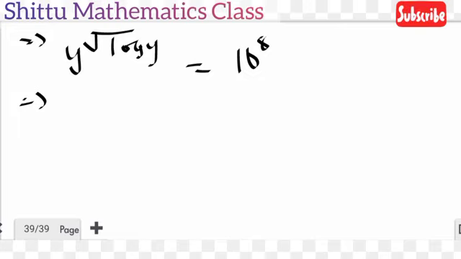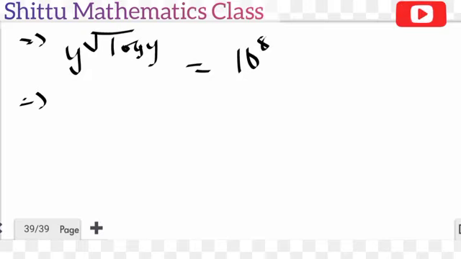What we are going to do here is very simple, and I want you to follow me. The first approach is to bring down the power. To do that, we take the logarithm with respect to base 10 of both sides.